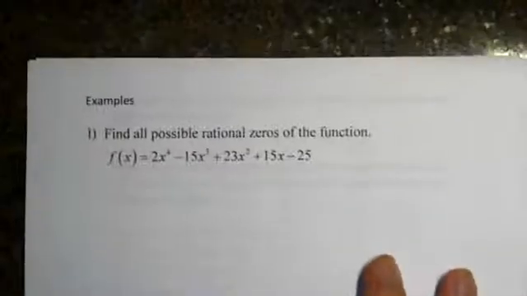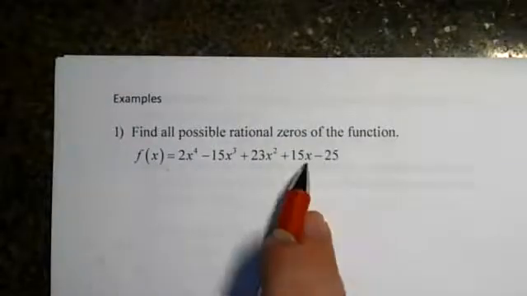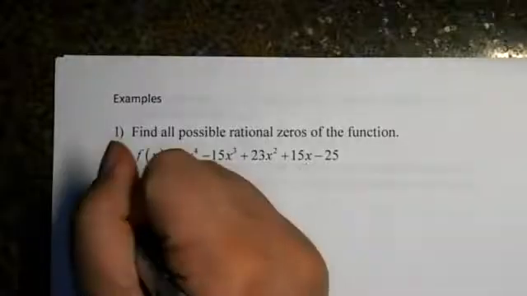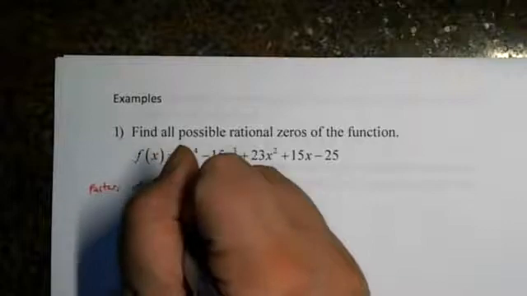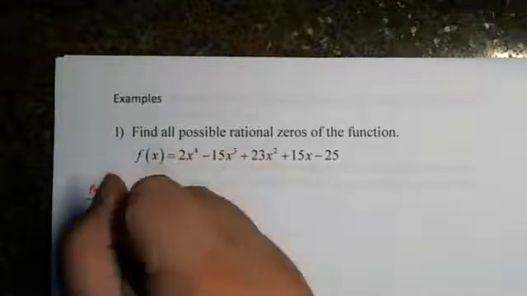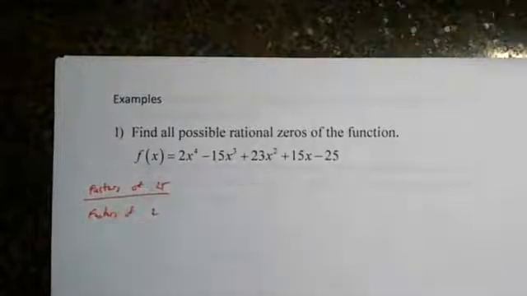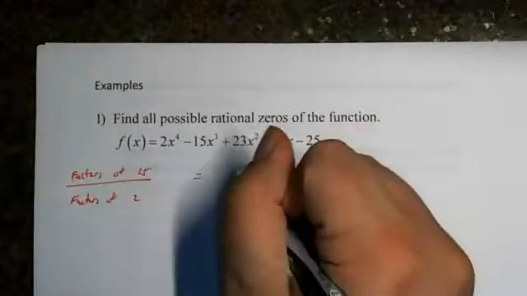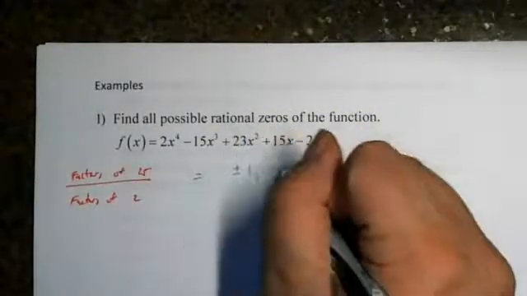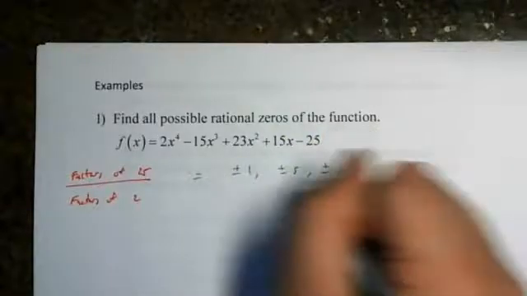We're going to find all possible rational zeros of this function. So I want the factors of 25 over the factors of 2. I've got to list those out first. What numbers multiply to 25? That's plus or minus 1, plus or minus 5, plus or minus 25.